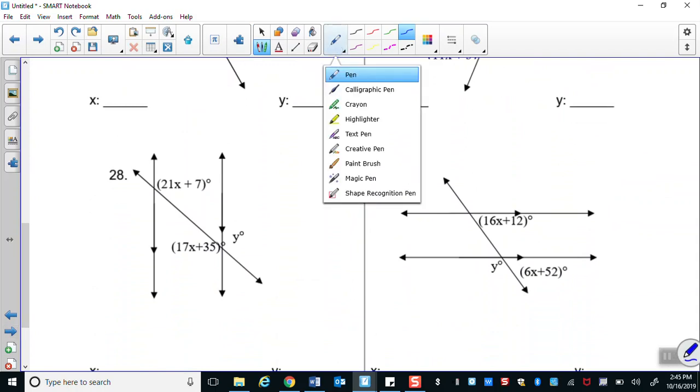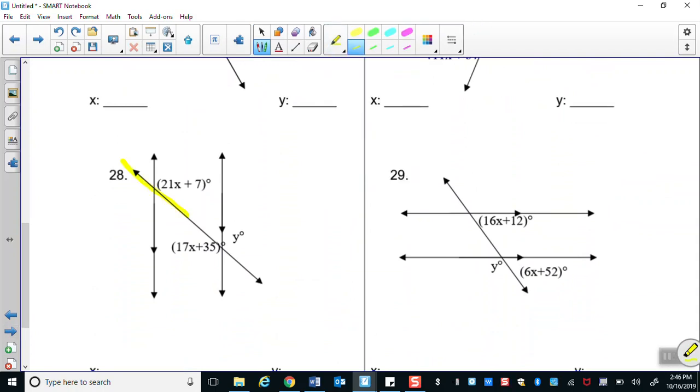So again, if you highlight or somehow trace the transversal, that can help you to decide where the angles are. And then if we make our rectangle, you can see that this angle, that's the 21x plus 7, and this angle, 17x plus 35, are alternate interior, because they're both on the interior and they're on opposite sides of that transversal.